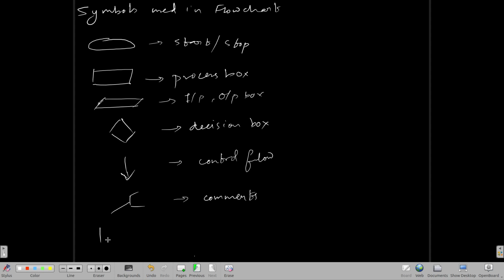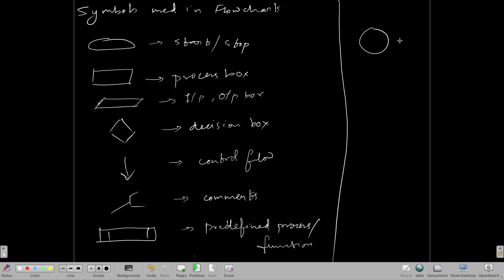Okay, and this is a predefined process. It is sometimes called a function. Okay, this is an on page connector. This is an off page connector.